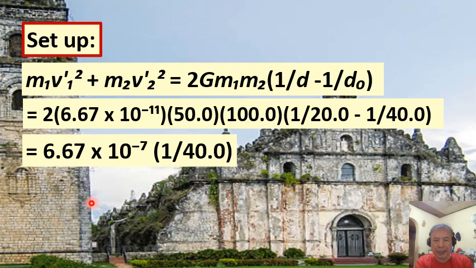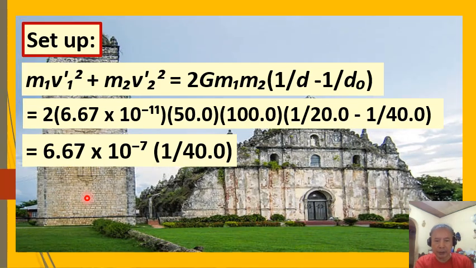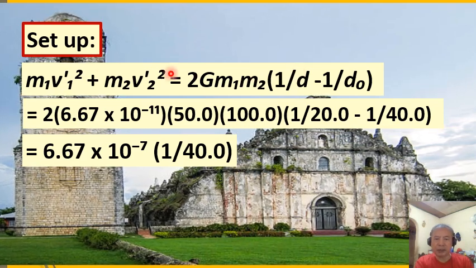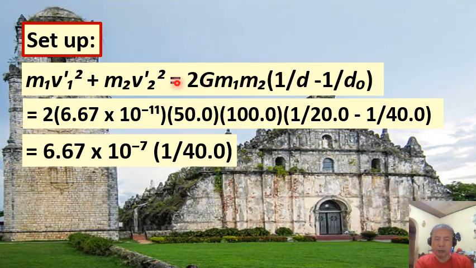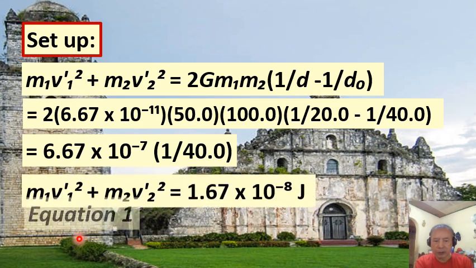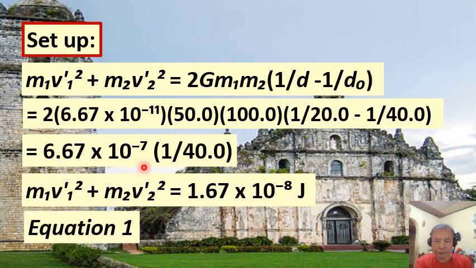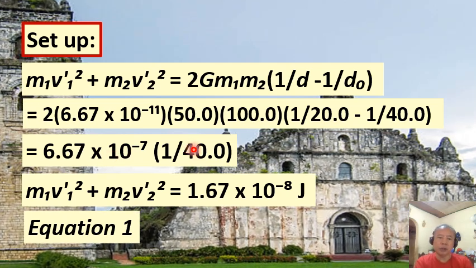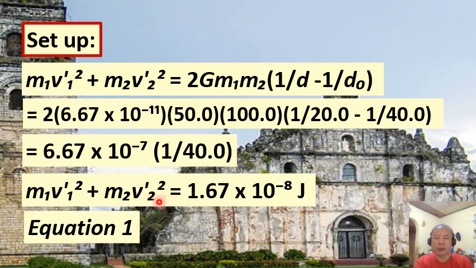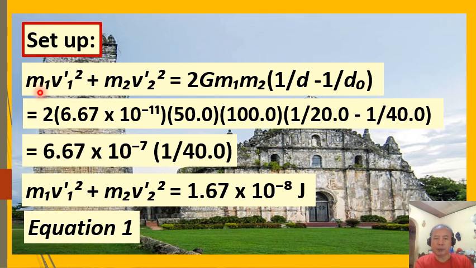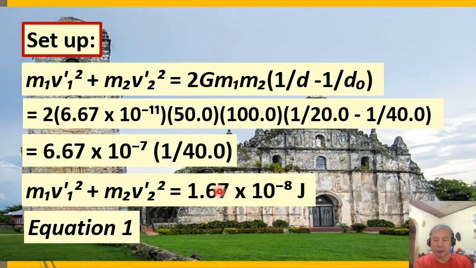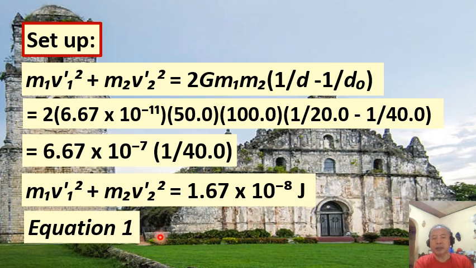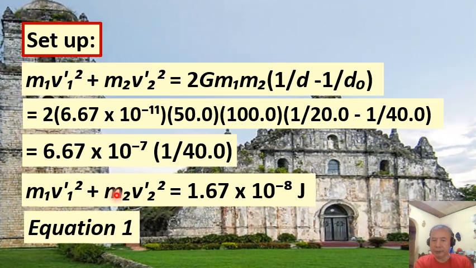When you do the math, we get the value of the right side of this working equation, which when equated to the left side of the equation, we come up with our first equation.